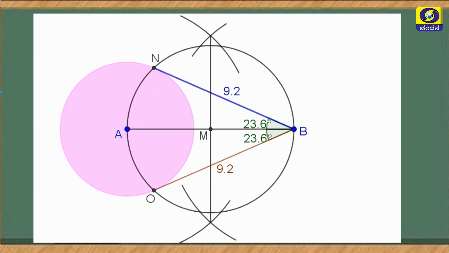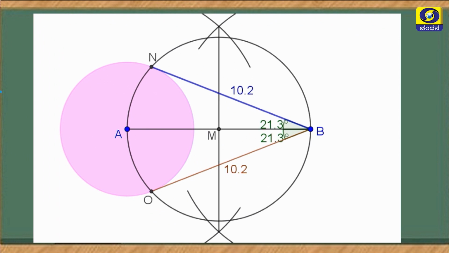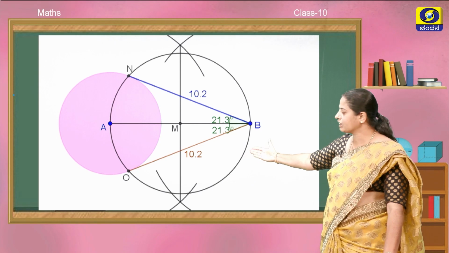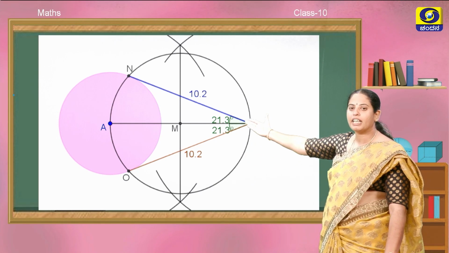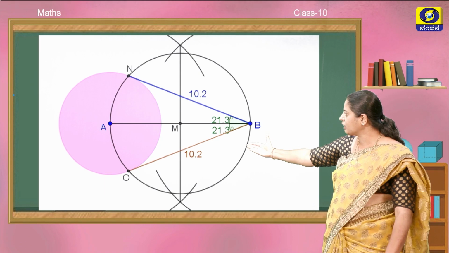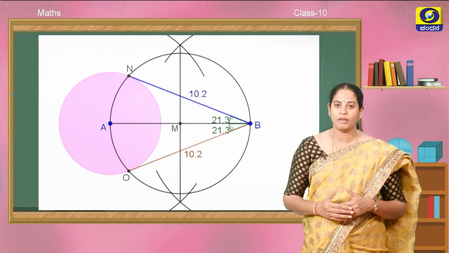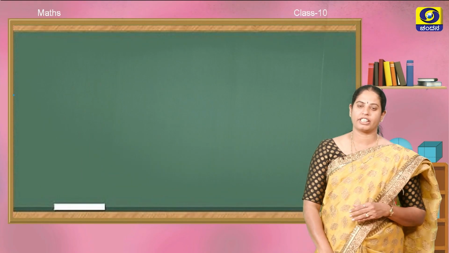In all the cases the observation remains the same, that is, the lengths of the tangents are equal and the angles of inclination between the tangents and the line segment joining the center and the external point are equal. Here the lengths of the tangents are equal, that is 10.2 and 10.2, and the angle of inclination is 21.3 degrees and 21.3 degrees. We changed this and observed it. This is your inference.